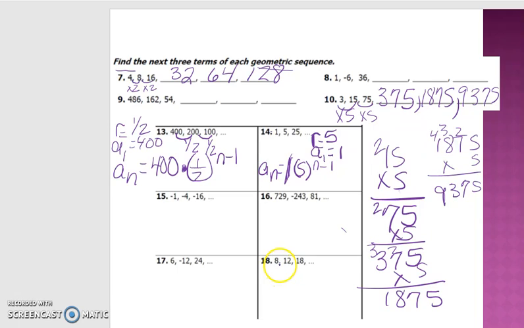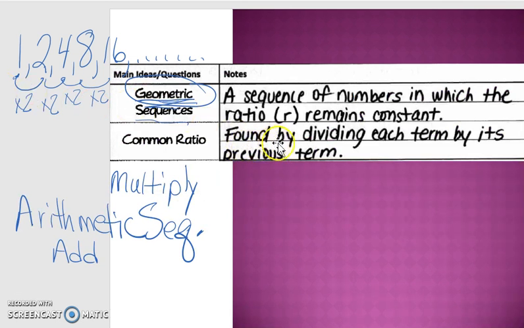So if I look at this one, 8 times what will give me 12? So let's say 12 divided by 8. Because remember, I'm just going to bring you back to this, and then we'll come back. Right here it says found the ratio. Found by dividing each term by its previous term, okay?